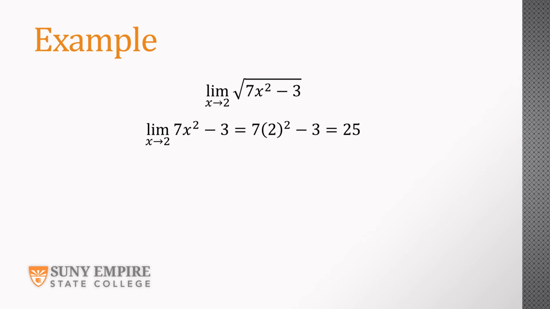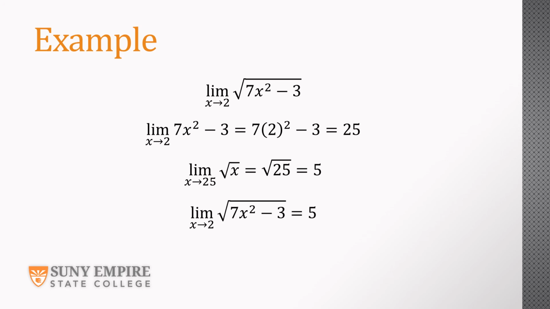Plugging in and solving, we find that the limit is equal to 25. Now we want to find the limit as x approaches 25 of the square root of x. Plugging in and solving, we have the limit equals 5. So the limit as x approaches 2 of the square root of the quantity 7x squared minus 3 is 5.